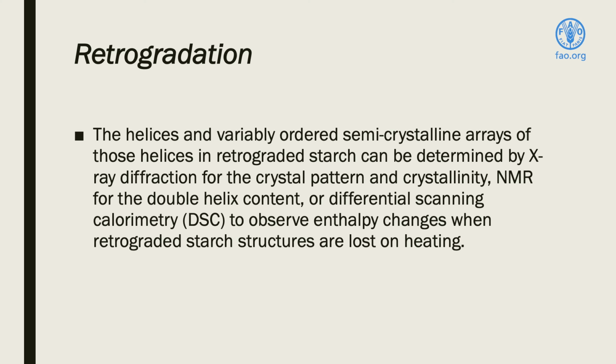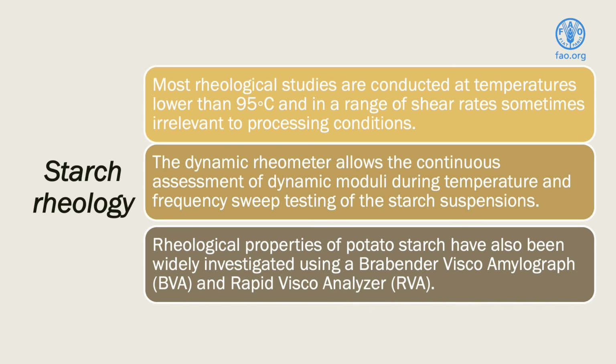Helix and variably ordered semicrystalline array of this helix in retrograded starch can be determined by X-ray for crystal pattern and NMR for double helix content, or by DSC to observe enthalpy change when retrograded starch structure is lost during heating.